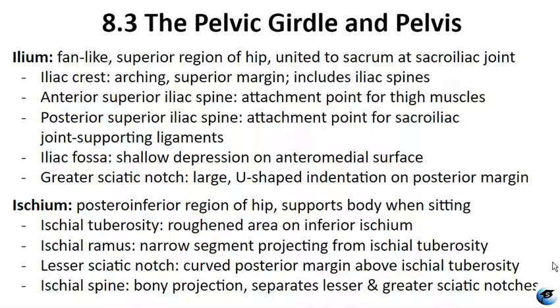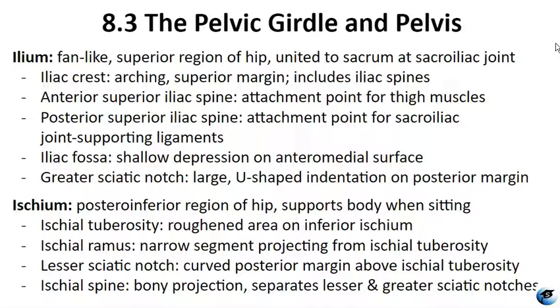The ilium forms the fan-like superior region of the hip, joined to the sacrum at the sacroiliac joint. The prominent arching margin, known as the iliac crest, includes attachment points called iliac spines. Notably, the anterior superior iliac spine serves as an anchor for thigh muscles, while the posterior superior iliac spine supports ligaments of the sacroiliac joint.